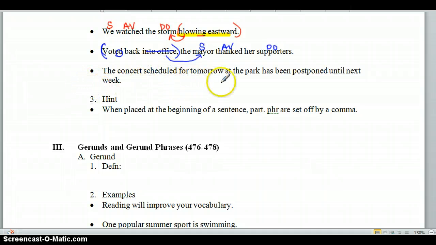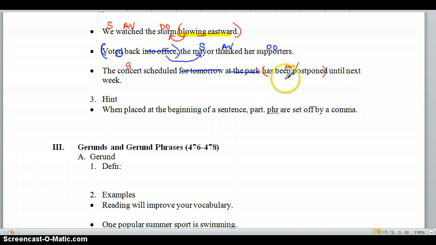The concert scheduled for tomorrow at the park has been postponed until next week. Prep phrases, for tomorrow, at the park. Has been postponed is my action verb. Who or what has been postponed? Concert. Now, I mentioned in class I like to mark my subject and my action verb because they provide fences.